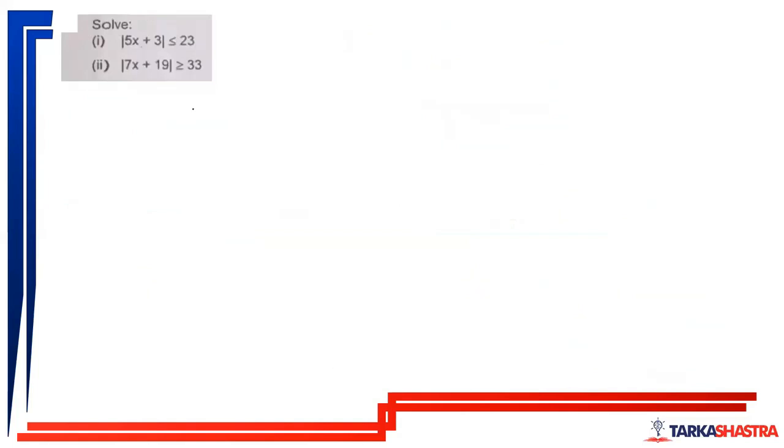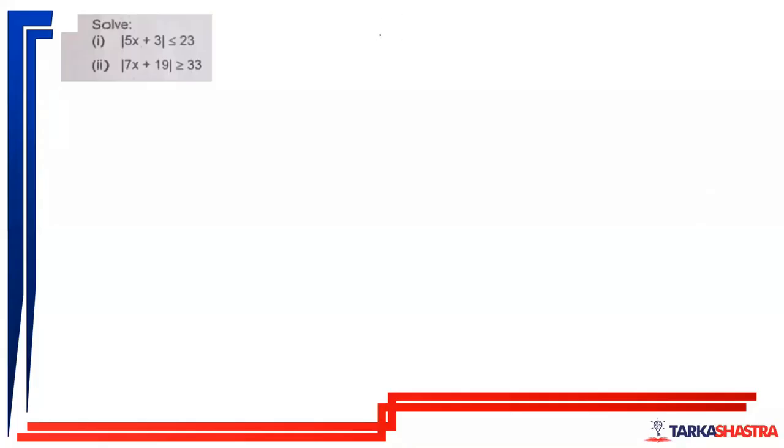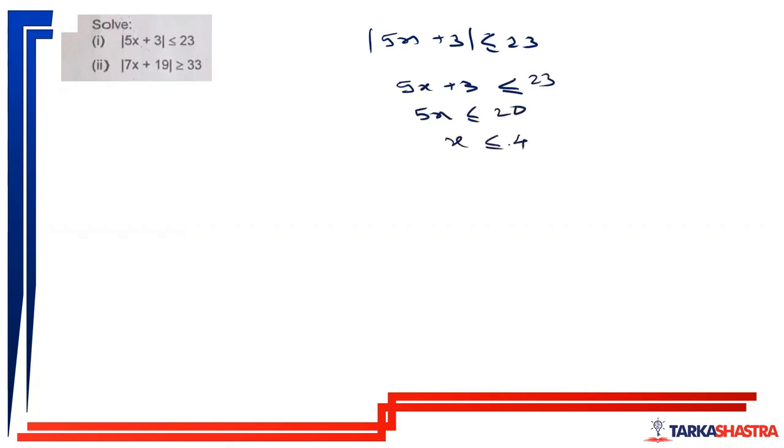Okay. Moving forward. Now here we have merged mod and inequalities both. So this modulus can be opened in two ways. We have mod of 5x plus 3 less than or equal to 23. It can be 5x plus 3 less than or equal to 23, which is 5x less than or equal to 20, which is x less than or equal to 4.